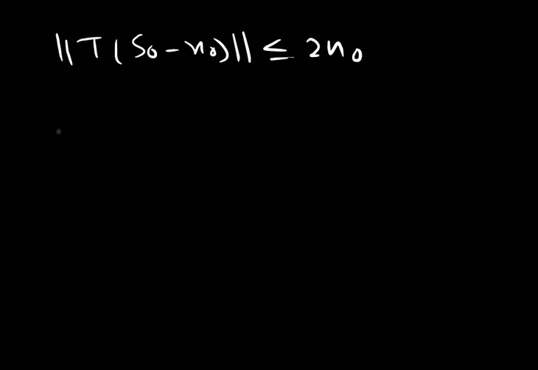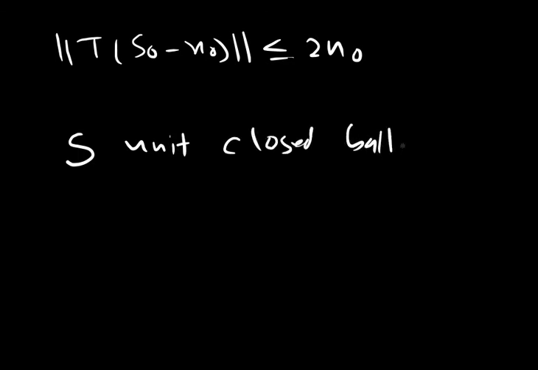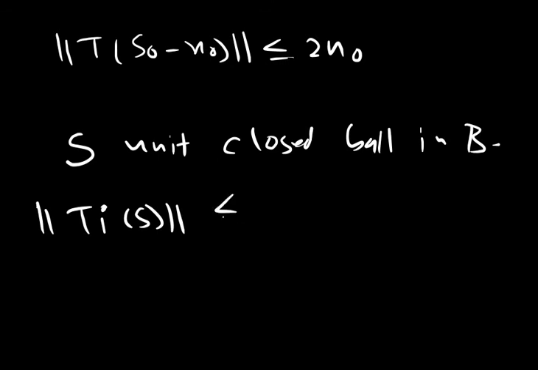So if you look at the closed unit ball S in B, this is S naught minus x naught divided by r naught. The norm of T_i of S would be this divided by r naught, so that is less than or equal to 2N naught divided by r naught. This is true for all i.